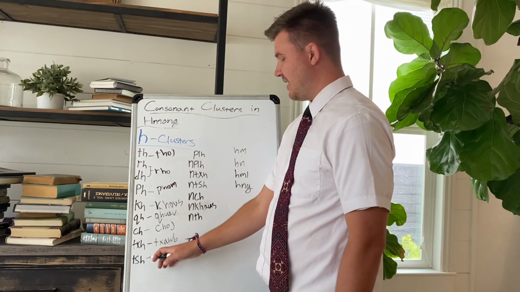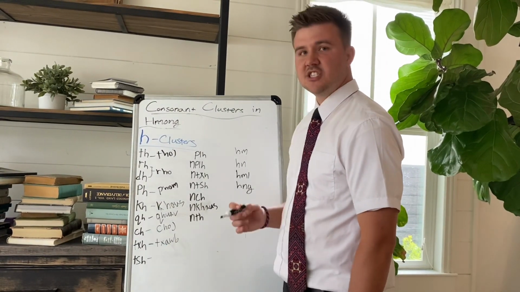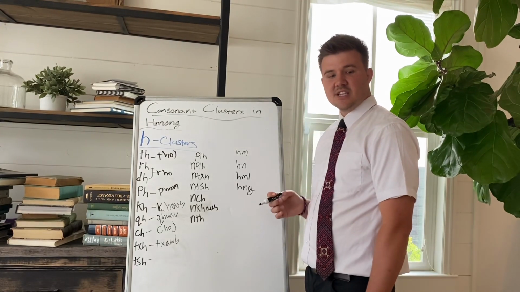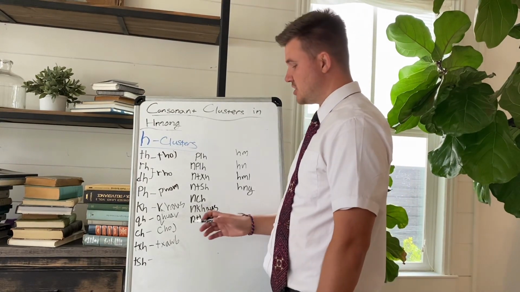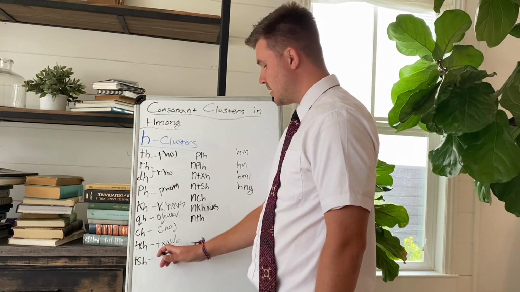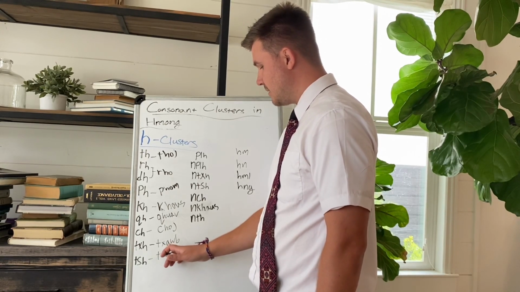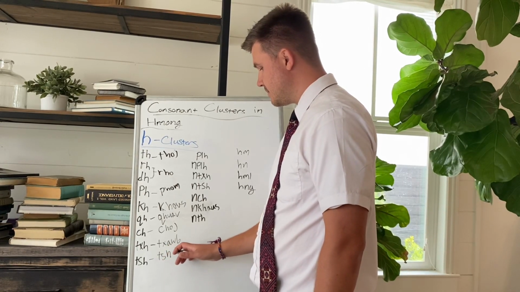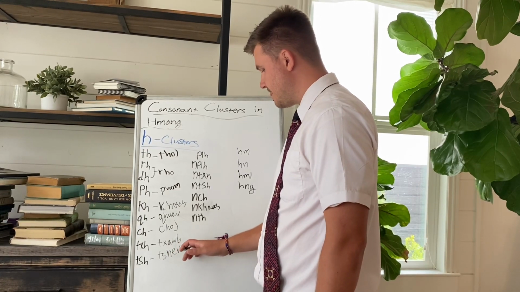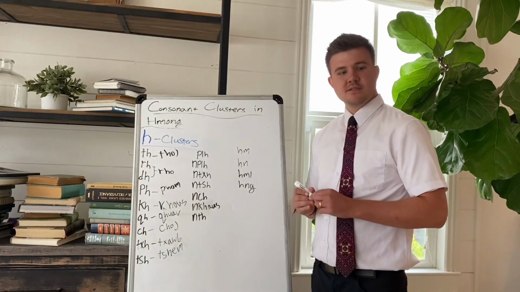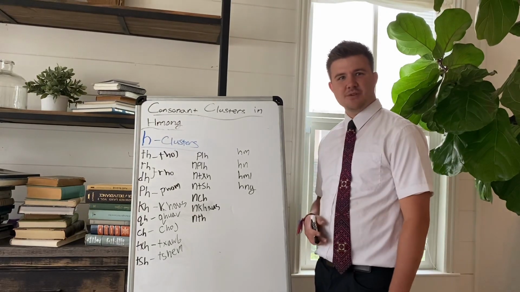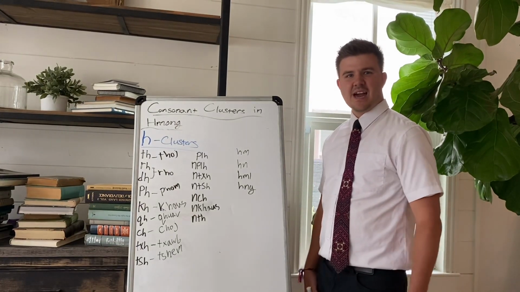And then we have the sound right here. TS is the J. The TSH is the CH. Cha, cha. Okay? Just like chafe. Chafe. Like to remove, like to kick out.